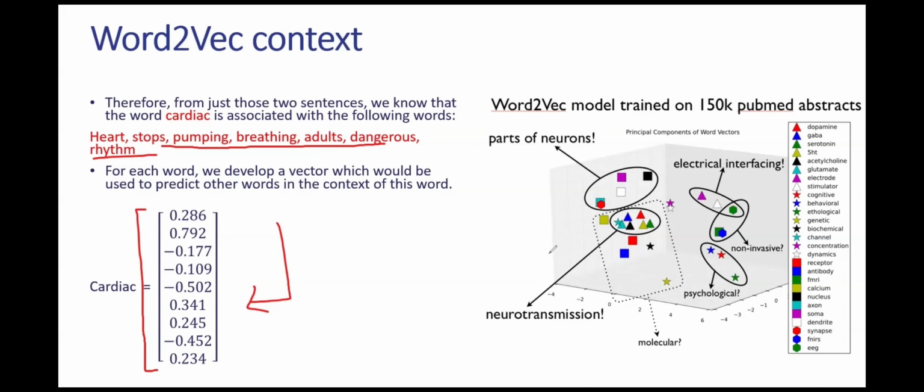So this plot uses principal component analysis to reduce the dimensionalities of the word vectors so we can visualize the relationships between the terms. So when we look at, for example, words like neuroscience, like dopamine, GABA, and serotonin, these are all sort of clustered in together. So we can see that they're pretty close over here.